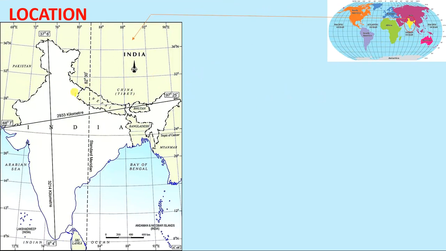If you see India's location, India is a vast country. By this location you can understand that it starts from 68 degree east to 97 degree 25 minute east.